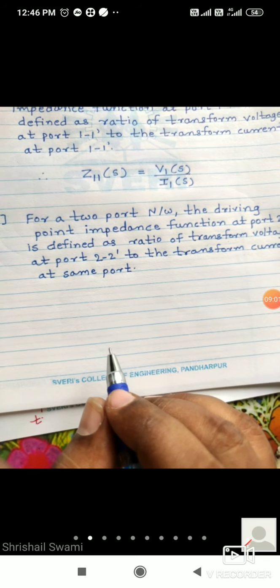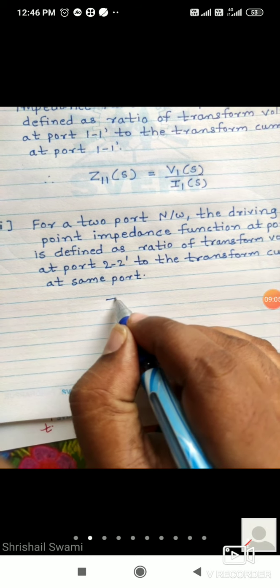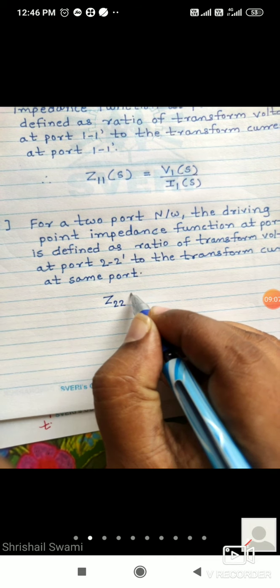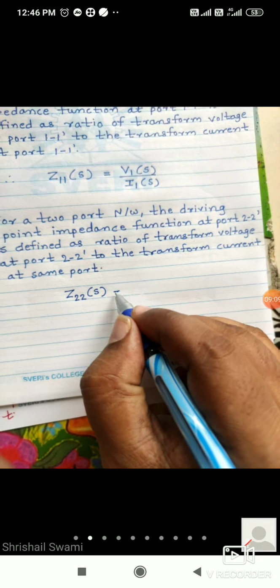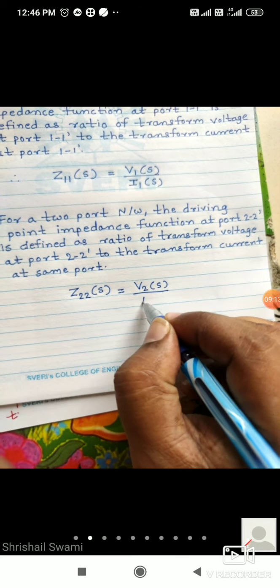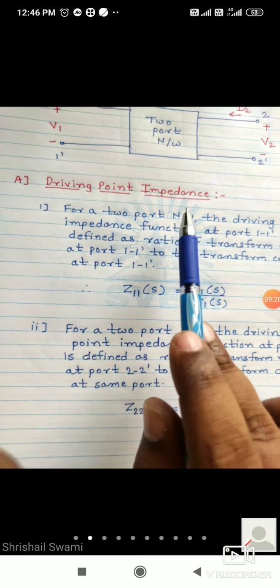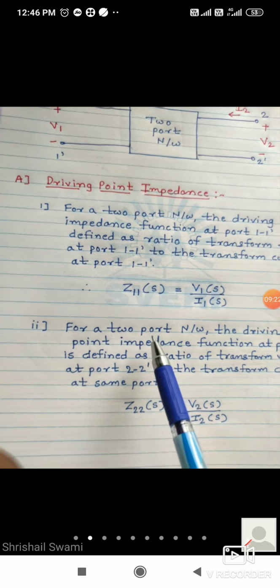Okay, so how it is denoted now? It is denoted by Z22 of S, which is equal to V2 of S divided by I2 of S. Okay, so this is what driving point impedance. Two are done, under that two are there.